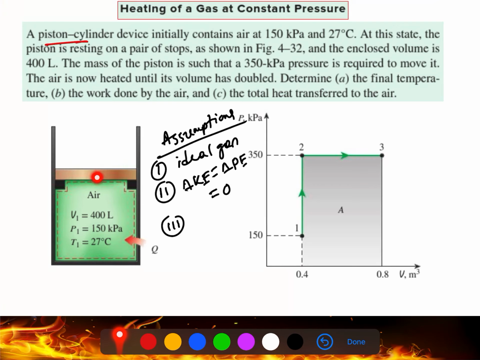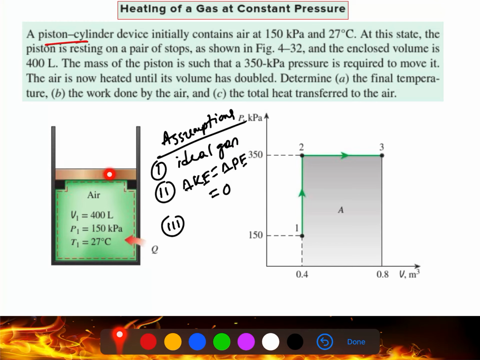Once it starts moving, look at this figure, this is the PV diagram. This is state 1, the pressure is 150. If we want to move this piston, we need more pressure. So as temperature is applied, pressure increases, and at this point pressure becomes 350.